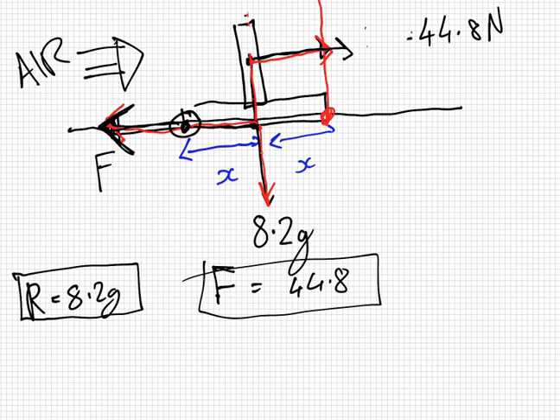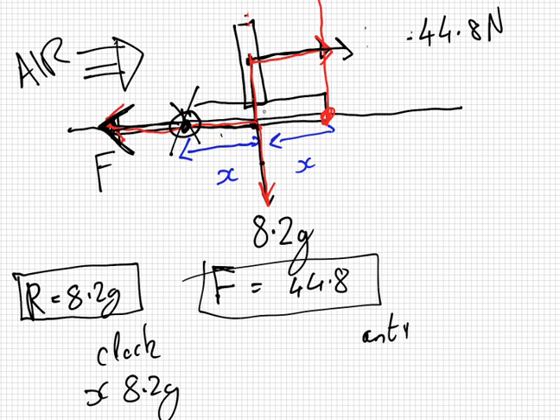So here, Louise, if I take this as my turning point, is this clockwise or anti-clockwise? So I have clockwise and I have anti-clockwise. Clockwise? It is clockwise, yeah. So it's x times 8.2 g. And then, Ugo, what about this one here? Clockwise. It's clockwise as well.